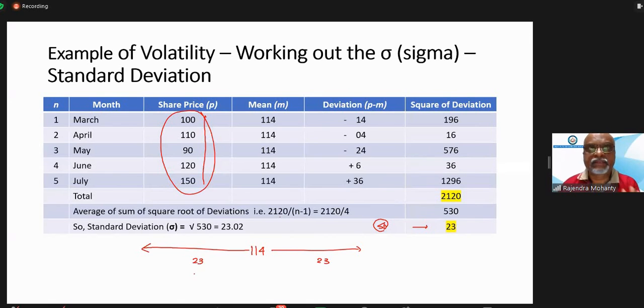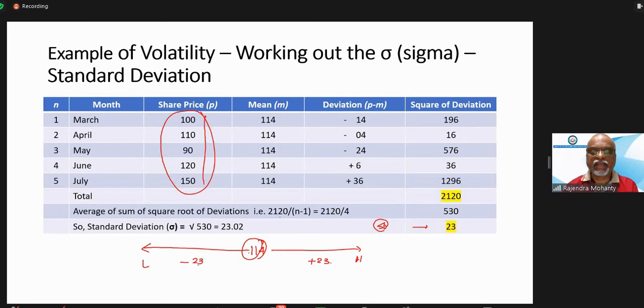This might not be exactly correct, but it shows that 114 plus 23 was the high and 114 minus 23 was the low during these 5 months. So the standard deviation tells us the equidistance on both sides of the mean that the price might have moved.